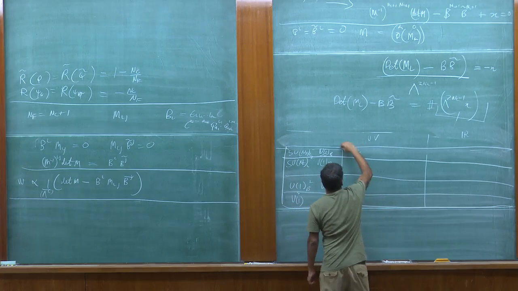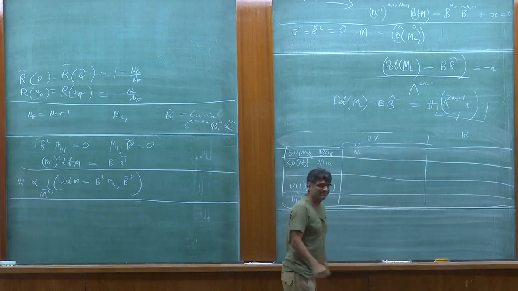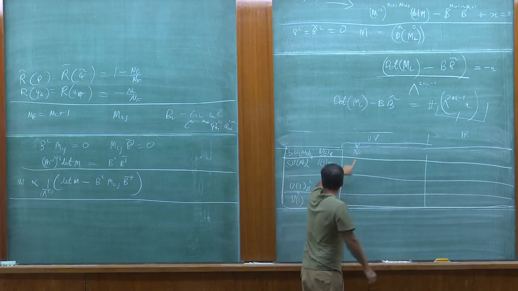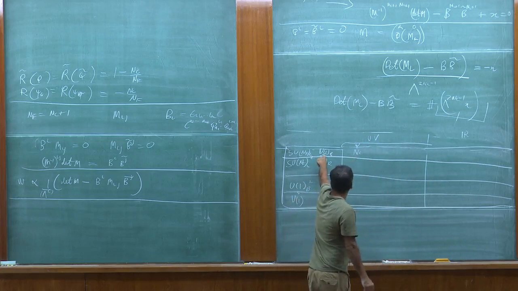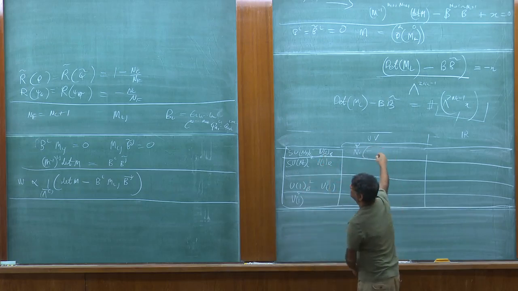So let's see, this is the contribution from psi. That contributes an NC, and then each of them has a U1 baryon charge, which is, was it minus NC by NF?